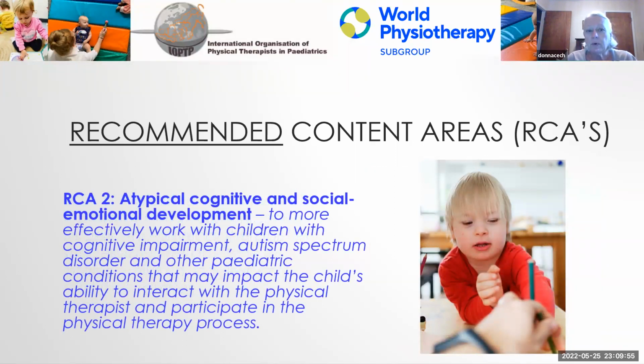Similarly, it's important that you look not only at atypical motor development, but also cognitive and social emotional development. This would allow you as a physical therapist to work more effectively with children who might have some sort of cognitive impairment. To work with a child with cognitive impairment, even if they are 12 or 15 years old, you may need to use instructions or language level that would be more typically seen with a younger child.